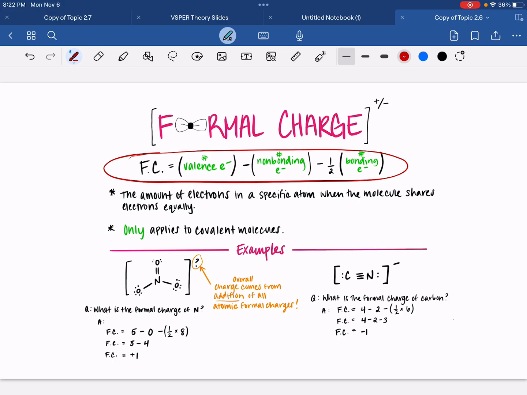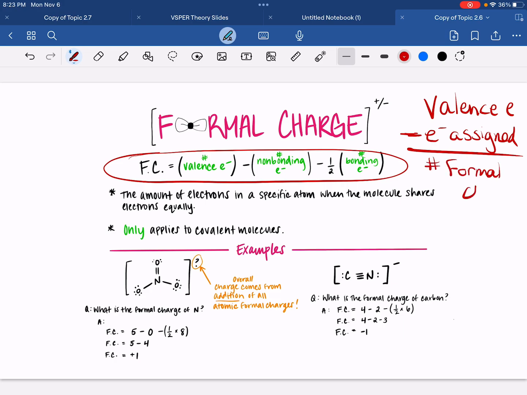The other thing you can think of is the valence electrons minus the electrons assigned. When you subtract those two numbers, you get your formal charge. It doesn't really matter how you think of it.